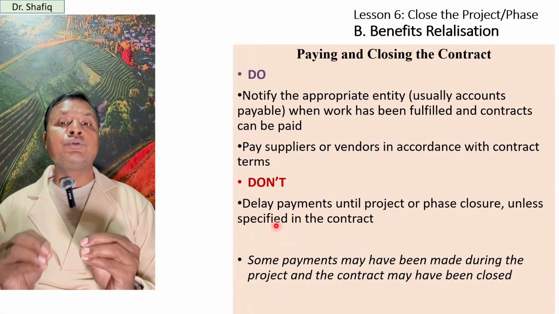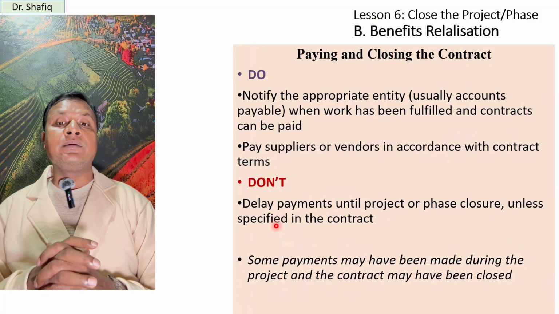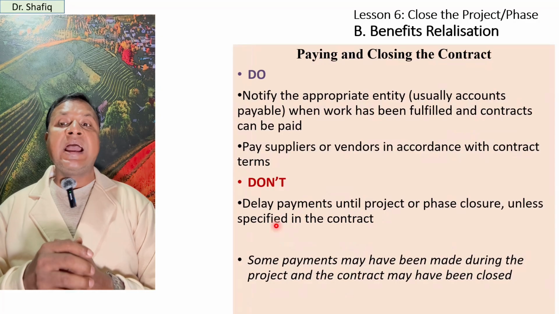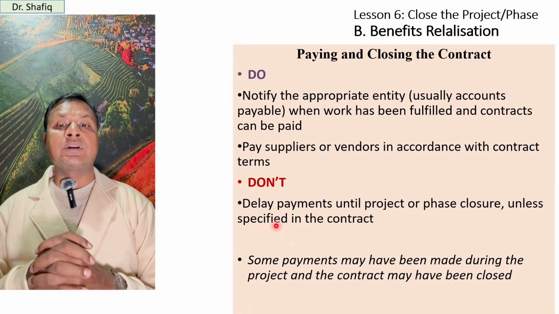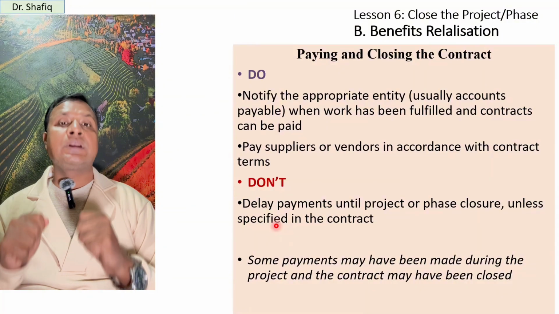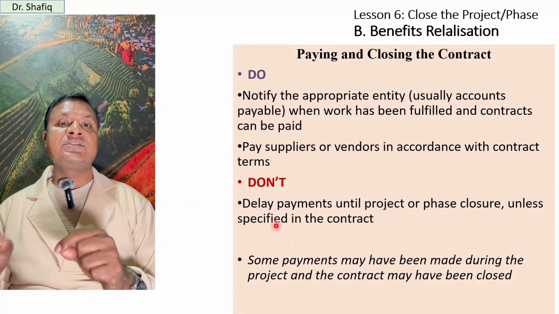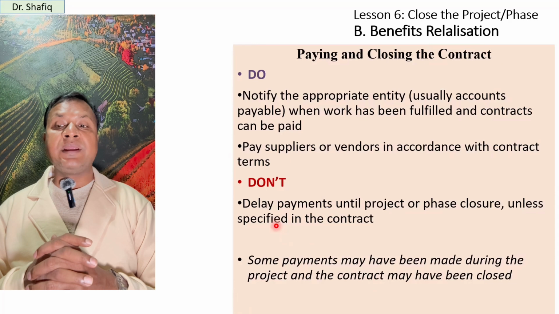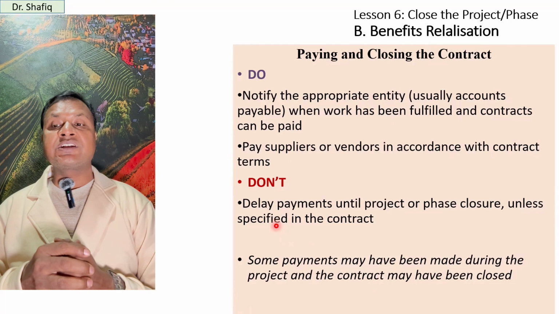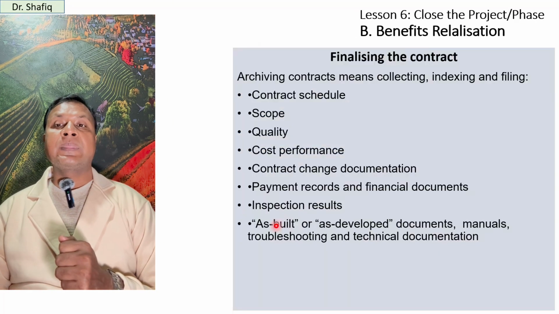We should not delay payments until project or phase closure, unless specified in the contract. So we should pay everything if everything is fine. Some payments may have been made during the project and the contracts may have been closed.